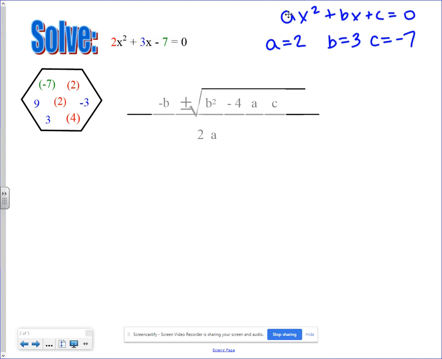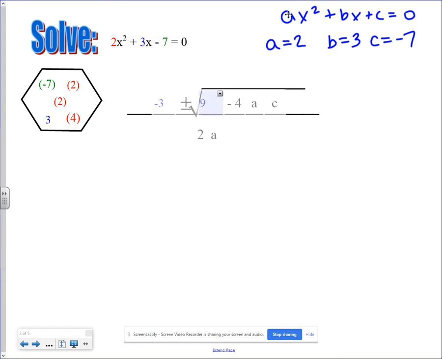So this first one, we have negative b. Again, remember that's the opposite of b. So b is 3. So the opposite of 3 would be negative 3. So I'm going to put negative 3 here in place of that. And then I got plus or minus the square root of b squared. Well, take 3 and square it. 3 squared is 9.